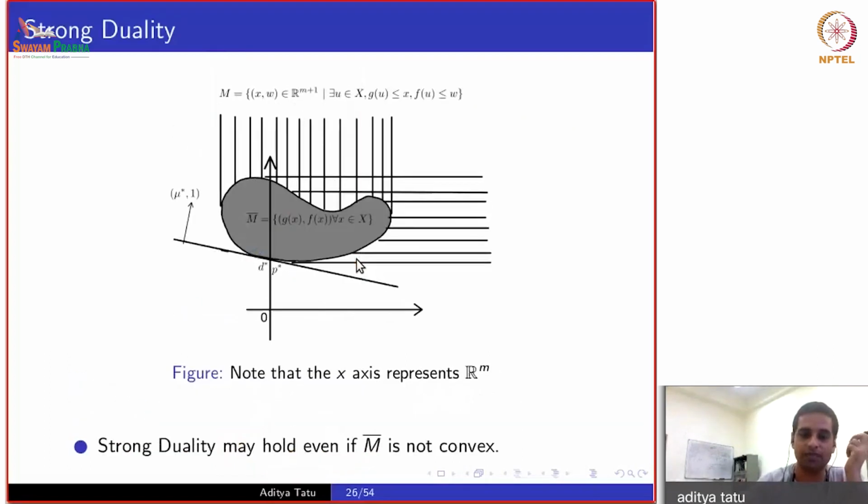Okay, so now I think it makes sense. So here is another example of M bar. Is M bar a convex set? No, it's not. But what about the set M, this entire thing?